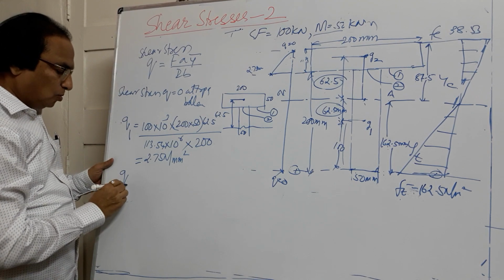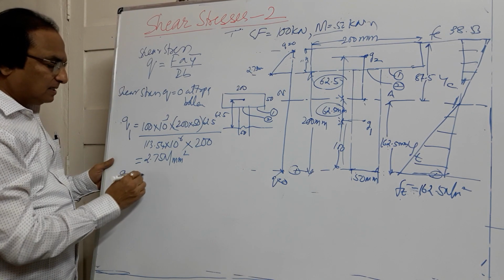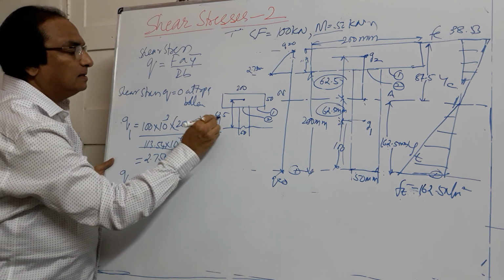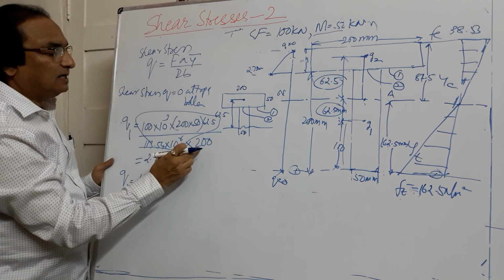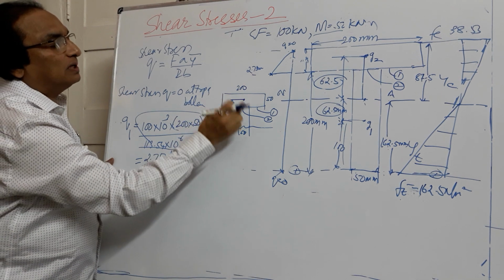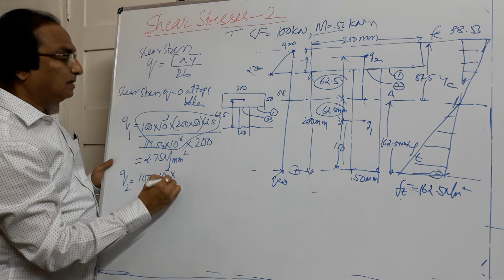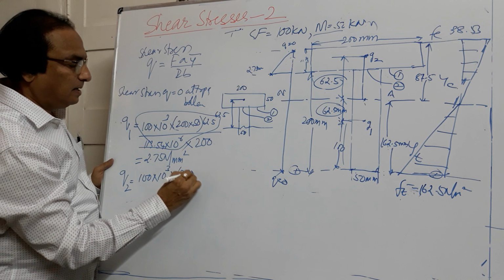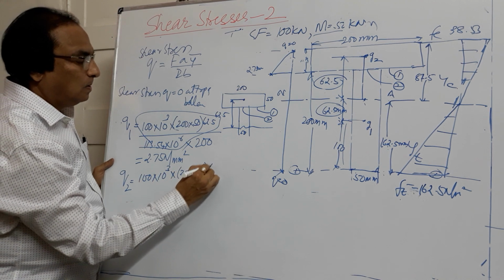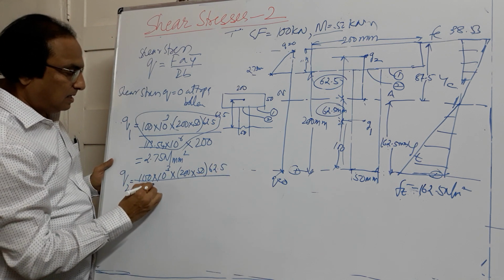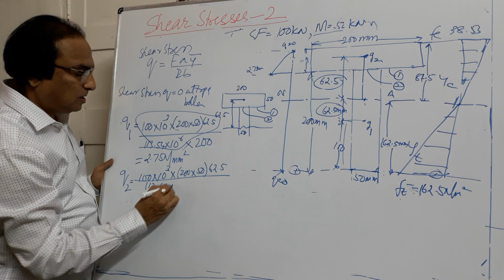Similarly, for the stress at level 2, things remain the same as I told in the last case. You can calculate this part and just divide by the width, which is changing here. It was 200 here; here it will be only 50. I'll write it once again: F A y bar divided by 113.54 into 10 to the power of 6.